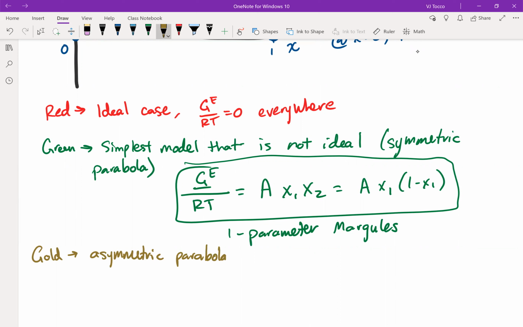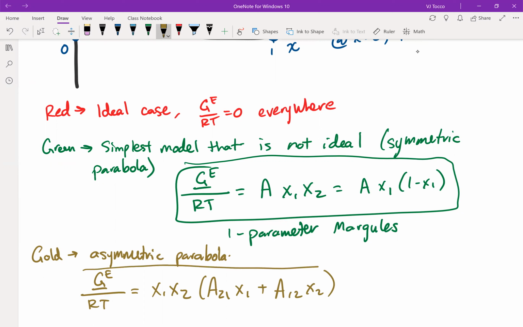And the expression here gives rise to the 2 parameter Margules, where I've got excess molar Gibbs free energy over RT equal to x1 x2 times A21, which is the first parameter, times x1 plus A12 x2, which is the second parameter.